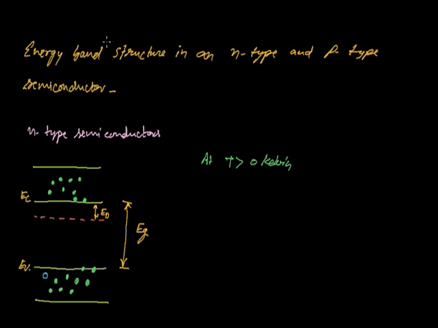But when impurities of donor atoms, that is pentavalent atoms, are added to the pure semiconducting material, the required energy is reduced to increase conductivity. And since here the conductivity is due to the excess of electrons, which are the majority carriers in n-type semiconducting materials, it is known as n-type semiconductor.